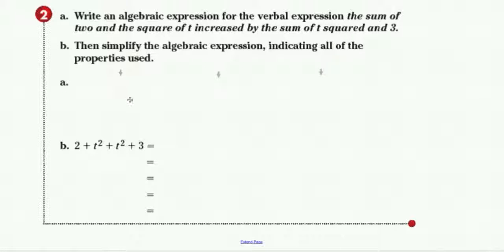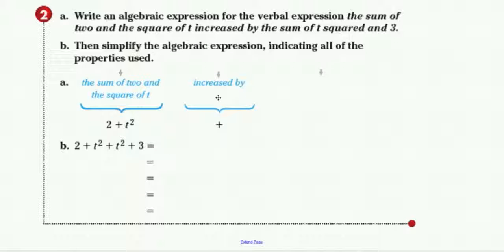So, in letter A, the sum of 2 and the square of t will be 2 plus t squared. Increased by, which is indicated by a plus sign, the sum of t squared and 3. So that will be your algebraic expression. Combine them: 2 plus t squared plus t squared plus 3.